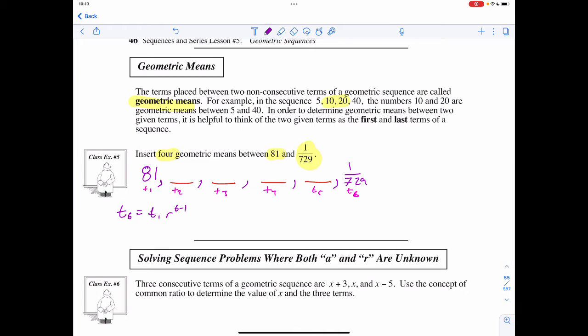Or my value of term 6, 1 over 729, would equal my term 1, which was 81, times my r value, which I don't know, to the power of 5.